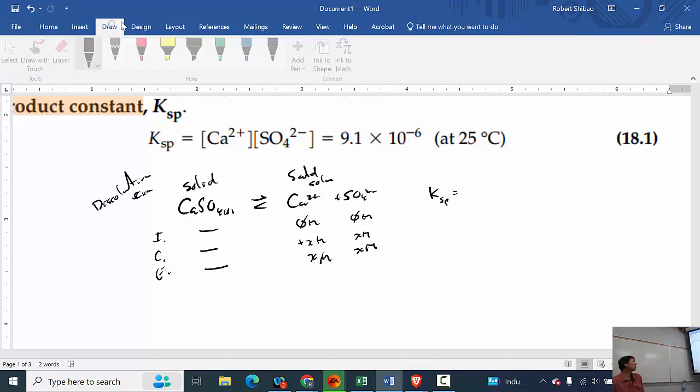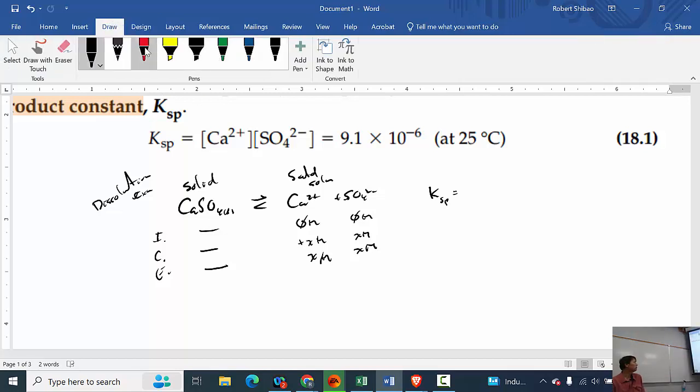So rather than X, we're not going to call it X anymore in this chapter. Instead, we're going to replace it with S. Now, S stands for the solubility, quantitatively. This is the max. This is where S is equal to the molar solubility.